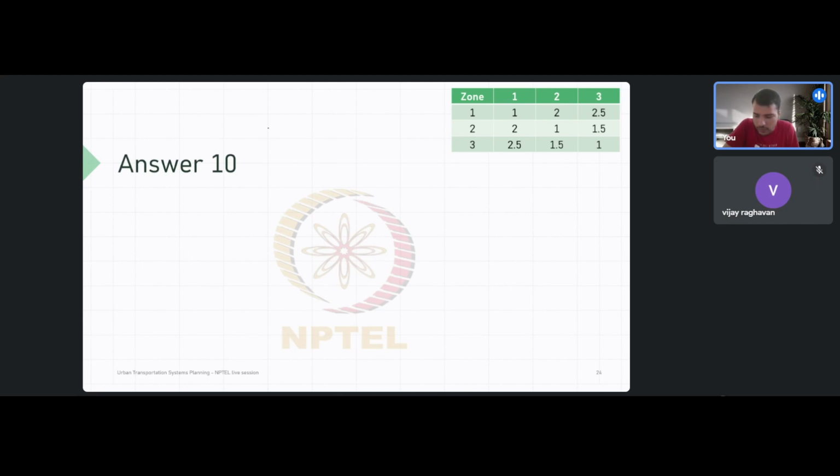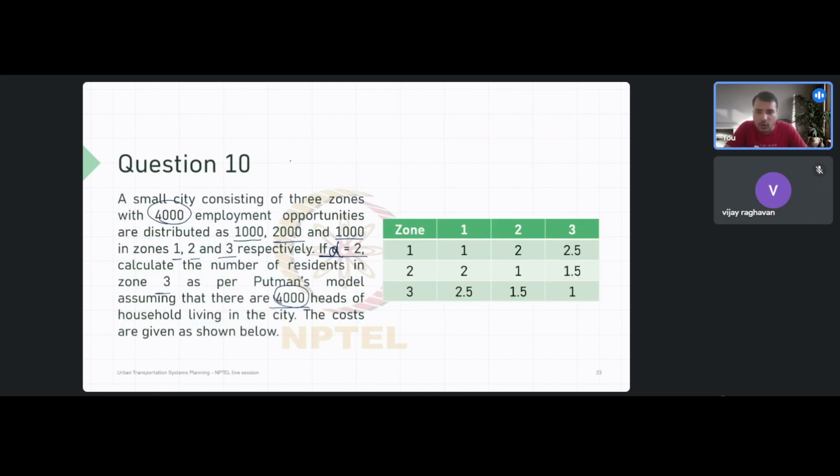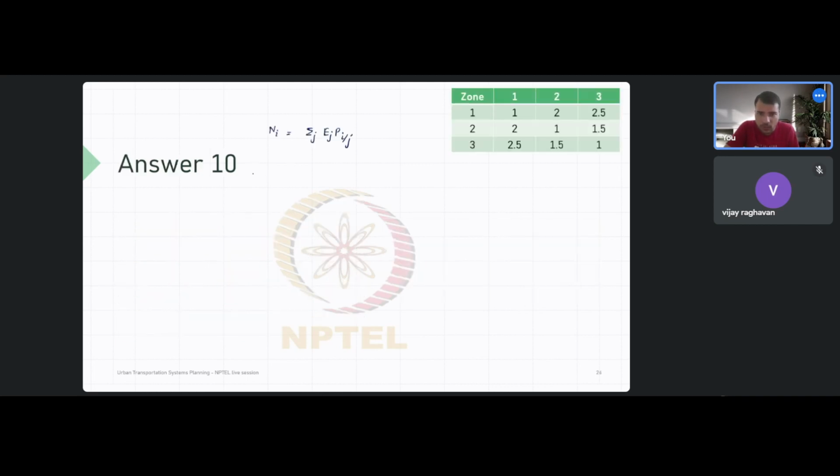So if we have to find N_i, it will be given as summation over j of the employment opportunities in j, and how many people will travel, that is P_ij. Here we want it for zone 3, so from zone 3 we have to see.